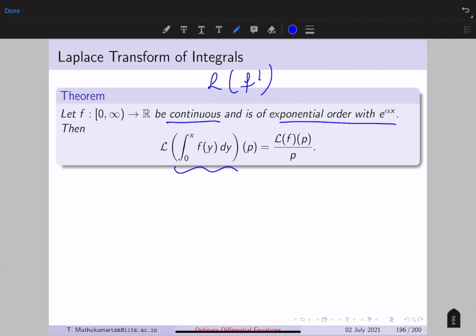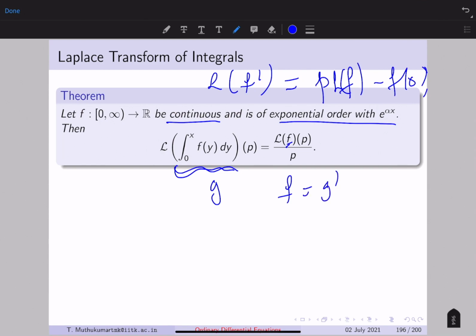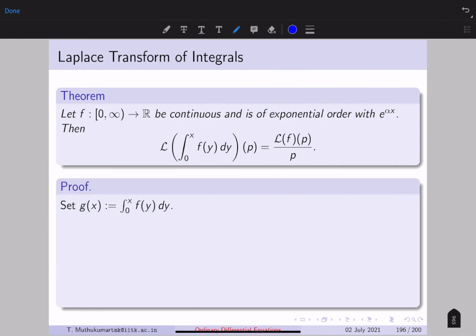This is also kind of expected, because earlier we said the Laplace transform of f prime was p times the Laplace transform of f minus f of 0, and so on. If you think of this integral as a function g, then f is your g prime. So more or less this follows from the previous theorem. That's the proof of this result actually.